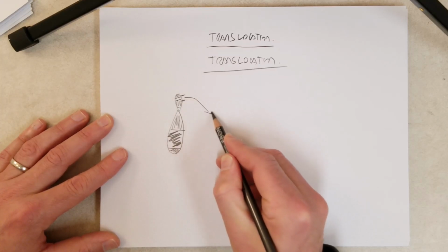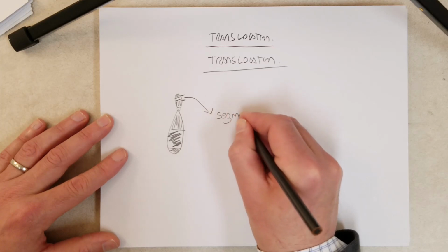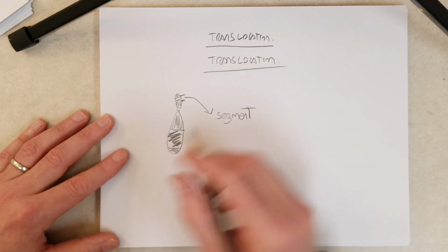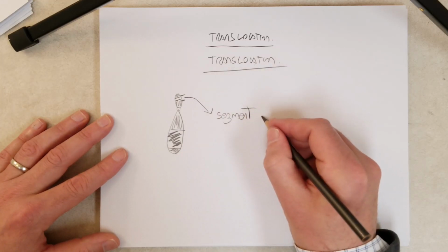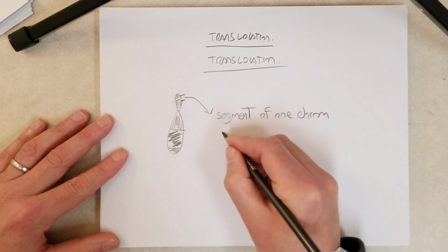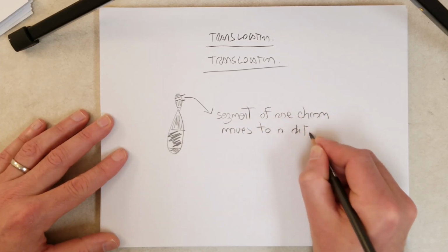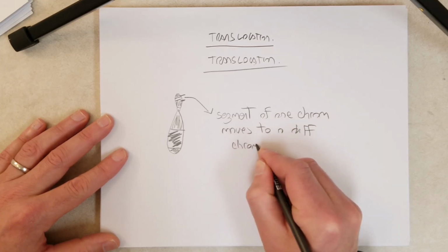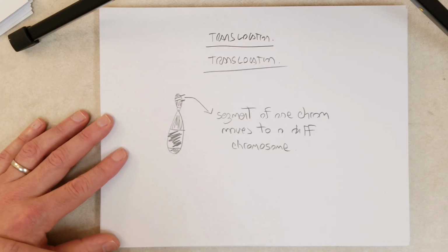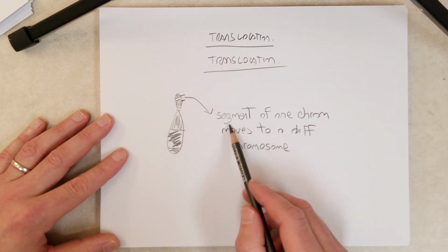So this part of the Y chromosome moves to another chromosome, either the X chromosome or an autosome. So a translocation is when a segment of one chromosome moves to a different chromosome. So it can involve any part of the genome, and that's called a translocation.